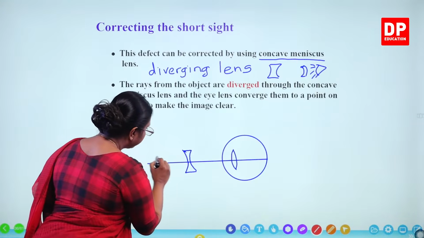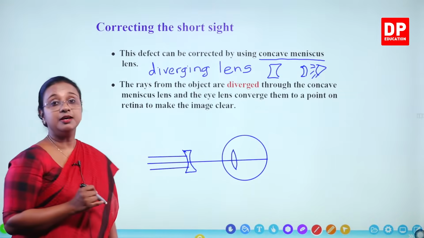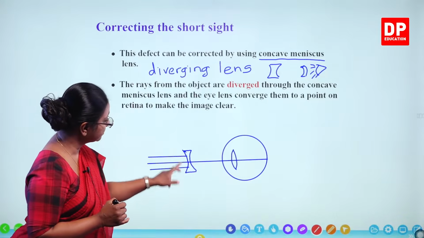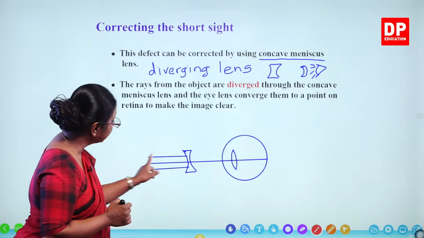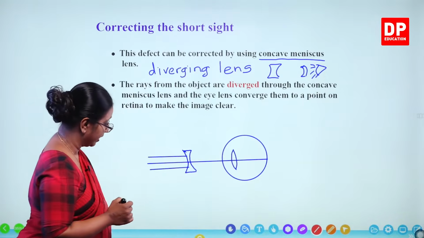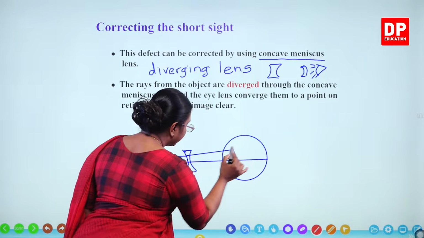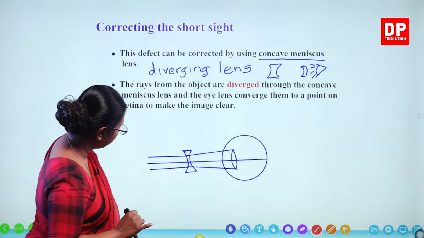So, from a far away object, the rays come parallel towards the eye. So, what happens is the person with the defect will be wearing this biconcave lens and the parallel rays fall on the biconcave lens. So, from the parallel rays, the rays get diverged by the biconcave lens.